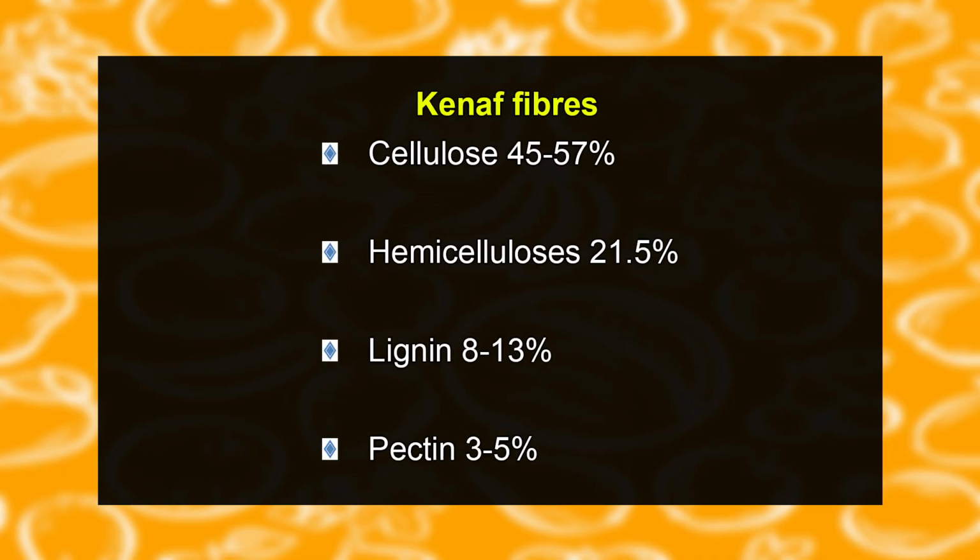Kenaf fibers contain about 45 to 57% of cellulose, 21.5% hemicelluloses, 8 to 13% lignin and 3 to 5% pectin. Kenaf fibers are coarse, brittle and difficult to process. Their breaking strength is similar to that of low-grade jute and is weakened only slightly when wet.